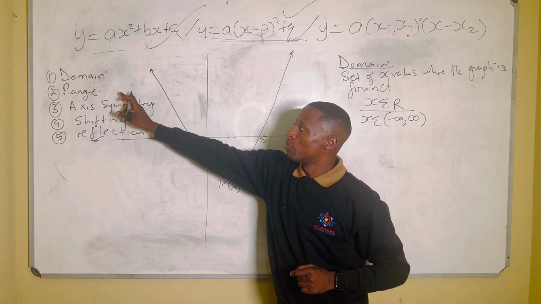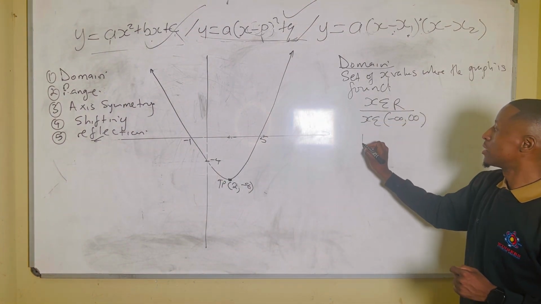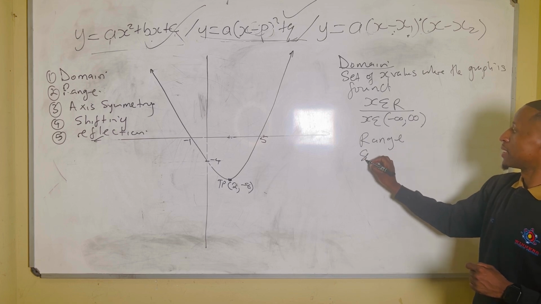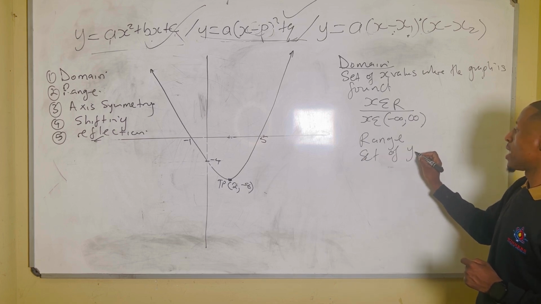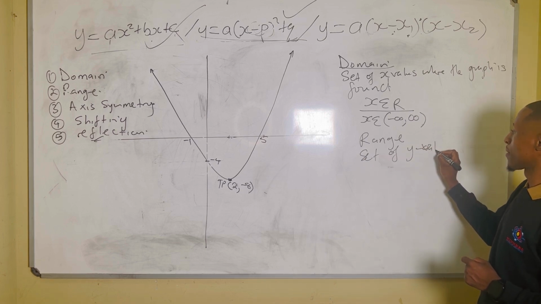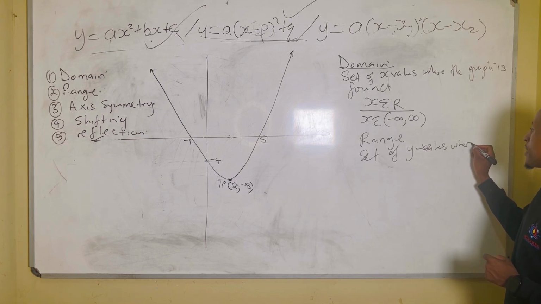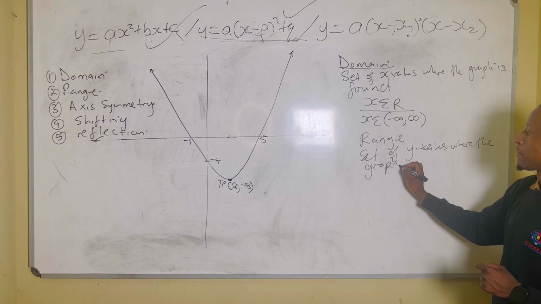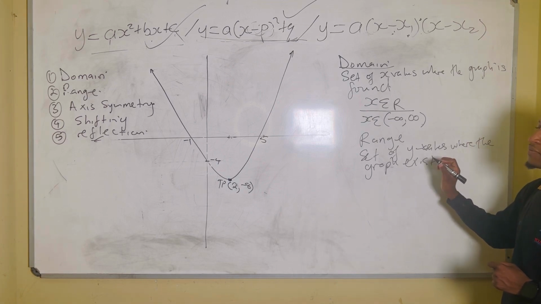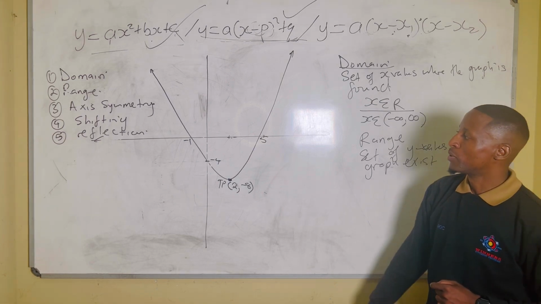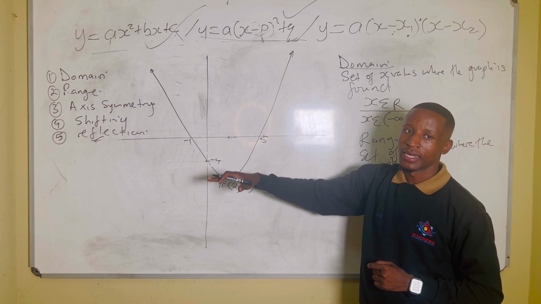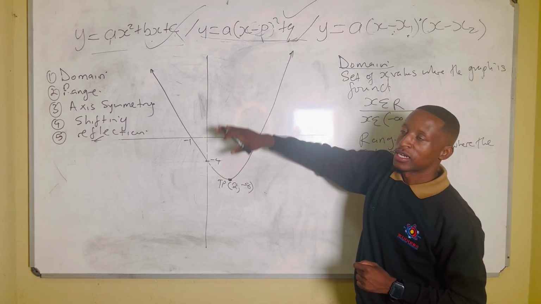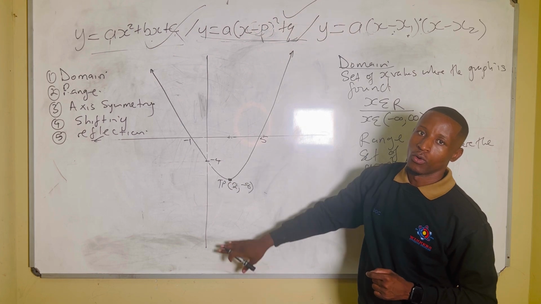So let us now move to range. Range is a set of y values where the graph exists or is found. So because you are dealing with the range and these are y values, you need to check how the graph behaves going up and going down.